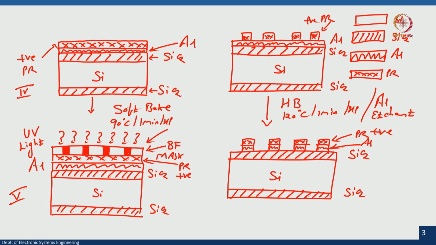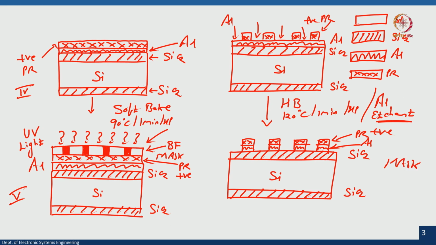The area which is not protected by photoresist will get etched in the aluminum etchant, means the aluminum which is in the unprotected area. The aluminum is deposited on this particular oxidized silicon substrate. So, the aluminum which is not protected by the photoresist will get etched, and aluminum which is protected by the photoresist will not get etched.